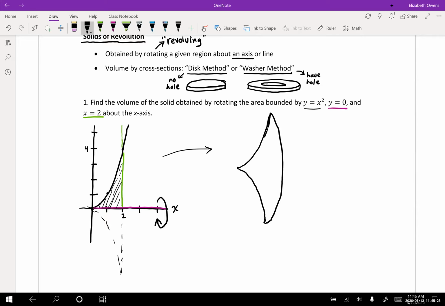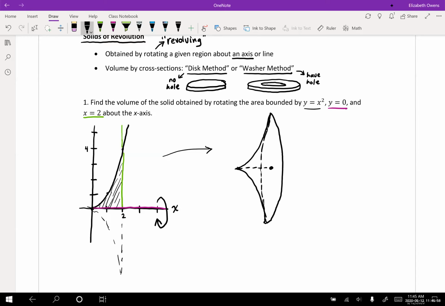It's got this circular base to it, and then these slanty sides. Coming through the middle there, that's where the x-axis would be. It's like the end of a trumpet or something like that, but it comes to a point right here. All right, a little hard to picture, I know.